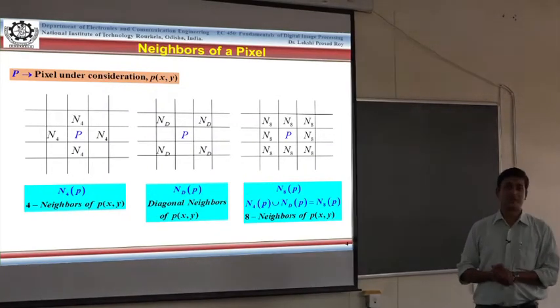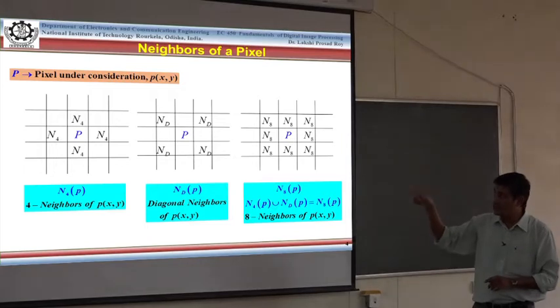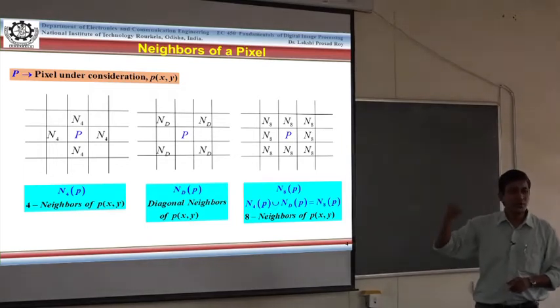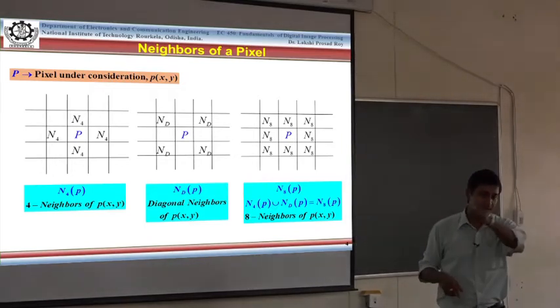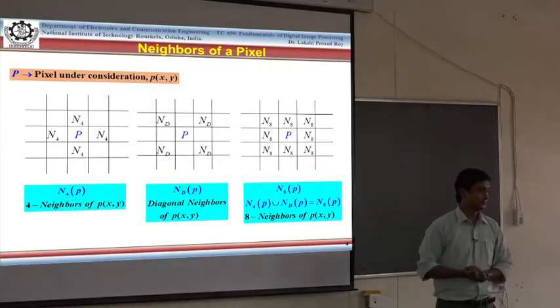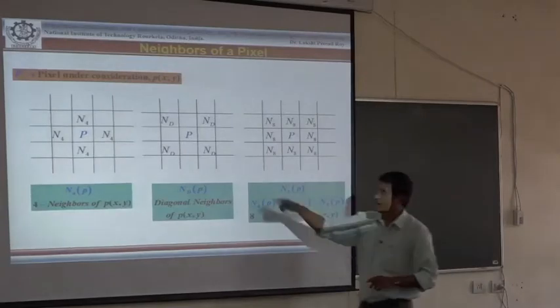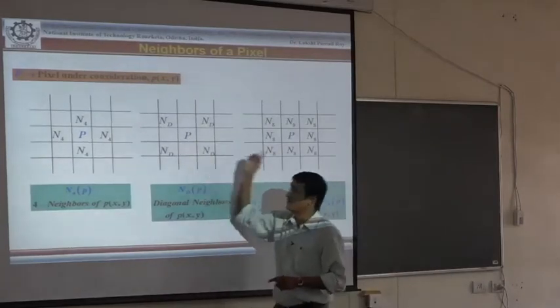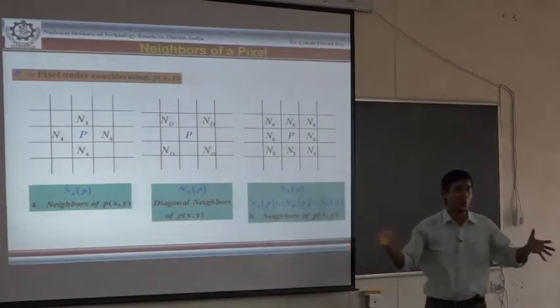But actually speaking, the neighbors here are the union of N4 and ND. I am talking about the nearest neighbors, the immediate neighbors, which are found as N4 union ND, all together.